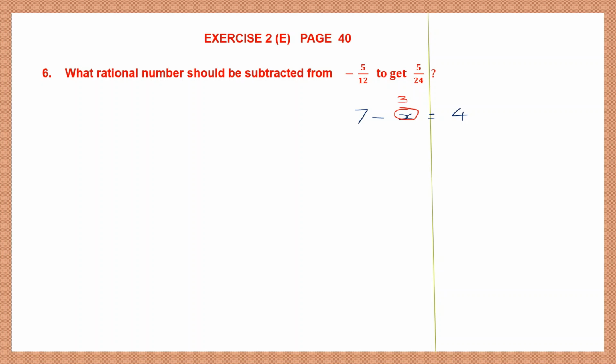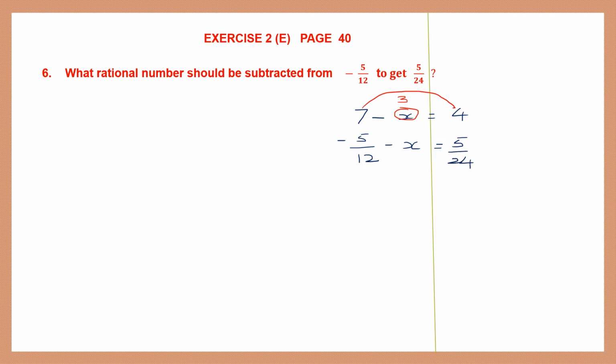Now how did we get that? By subtracting 7 and 4. So 7 minus 3 is 4 and we got it by subtracting 7 minus 4. So in the same way, let's replace this with the actual numbers. What should I subtract from minus 5 by 12 to get 5 by 24?